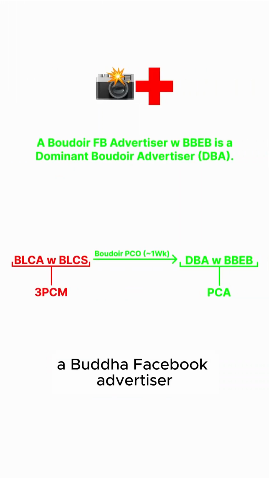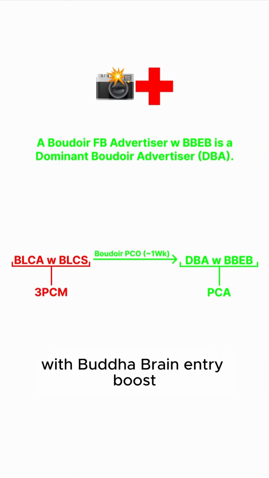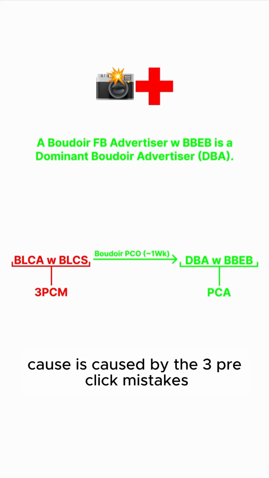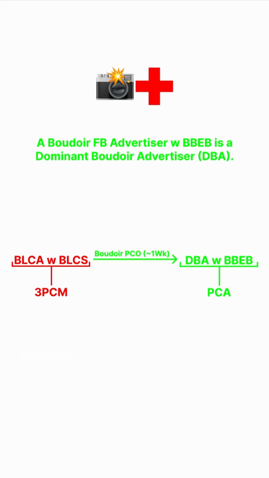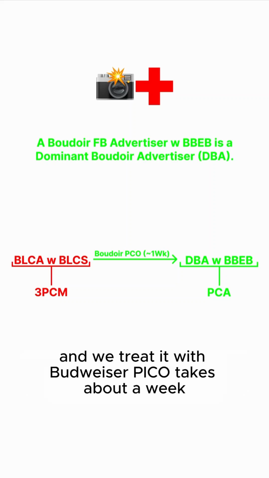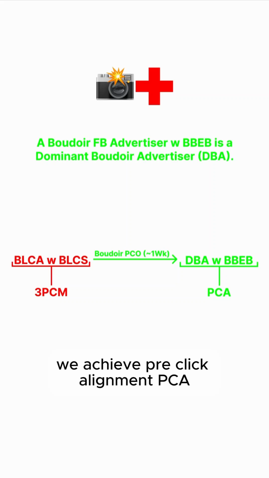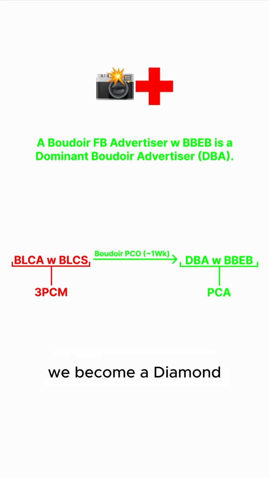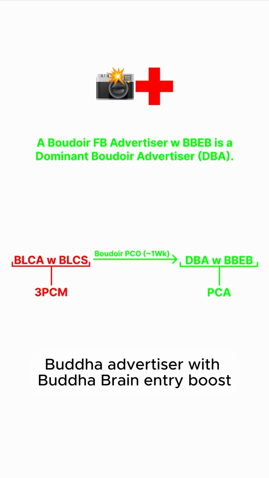And a boudoir Facebook advertiser with boudoir brain entry boost is a dominant boudoir advertiser, a DBA. So this is our full universe here. A BLCA with BLCS is caused by the 3 pre-click mistakes, and we treat it with boudoir Pico. Takes about a week. We achieve pre-click alignment, PCA, get rid of those 3 pre-click mistakes, and we become a dominant boudoir advertiser with boudoir brain entry boost.